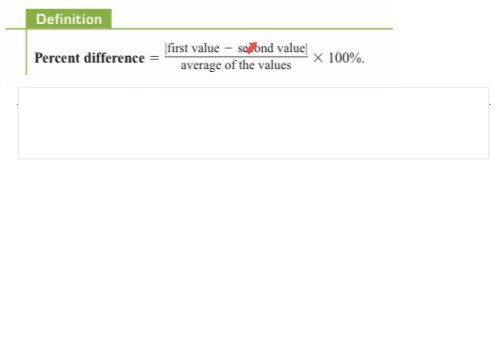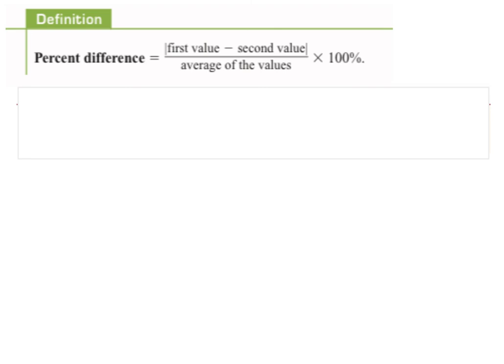So we're going to take the first value and subtract the second value. You'll notice we still have these absolute value marks. And we are going to divide it by the average of the values. How do I find an average of two values? There's two values, so you add them together and divide by 2.